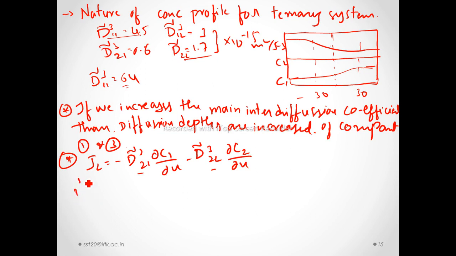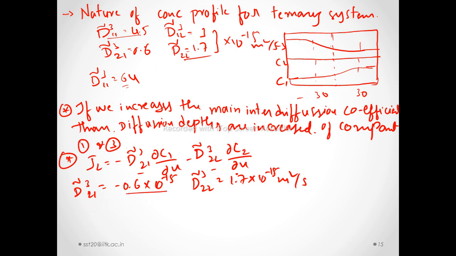Consider this value as minus 0.6 into 10 to the power minus 15, and 1.75 into 10 to the power minus 15, both in meter square per second. The cross coefficients are much smaller as compared to the main interdiffusion coefficients. Hence the cross effect is negligible, and because of this, it's almost flat.